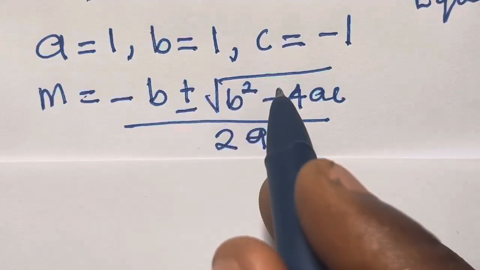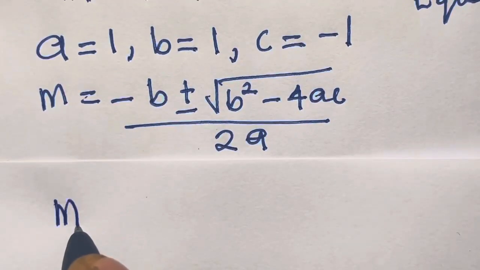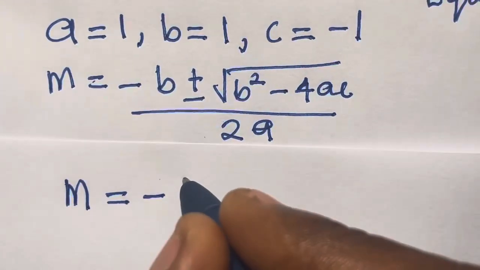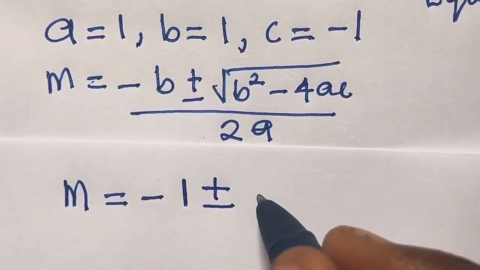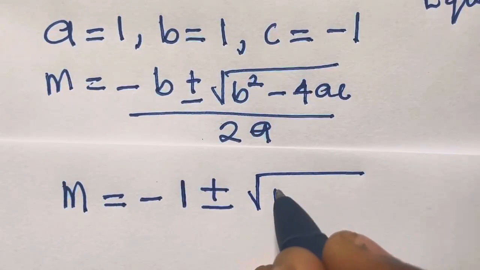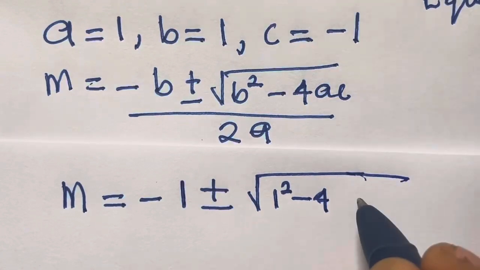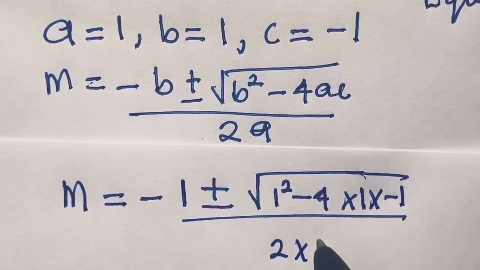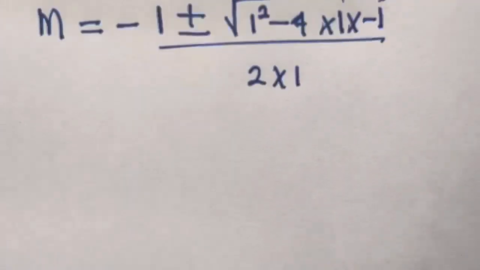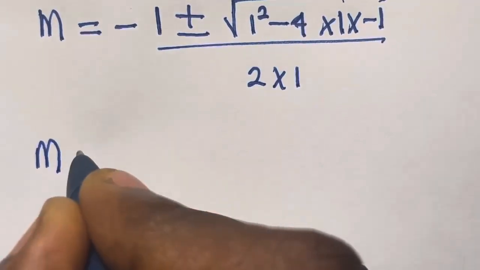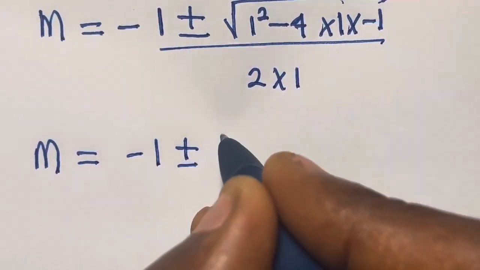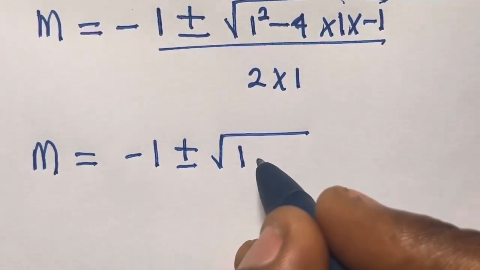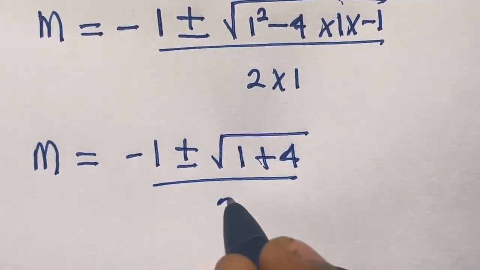So let's substitute these values into this. We have m equals minus 1 plus or minus square root of 1 squared minus 4 times 1 times minus 1, divided by 2 times 1. So from here, 1 squared will give us 1, minus 4 times 1 times minus 1 will give us plus 4, divided by 2.